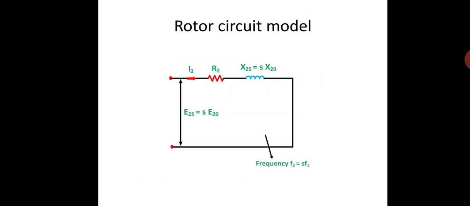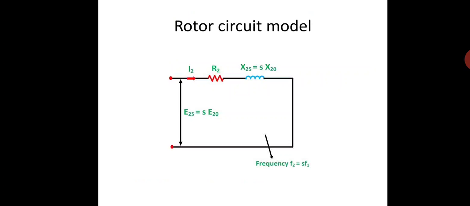Next we can focus on the rotor circuit model. So far we have discussed the stator circuit model. Already we know that every winding has its own resistance and reactance. The stator winding has resistance and reactance, represented as R1 and X1. Like that, the rotor winding resistance and reactance can be represented as R2 and X2.